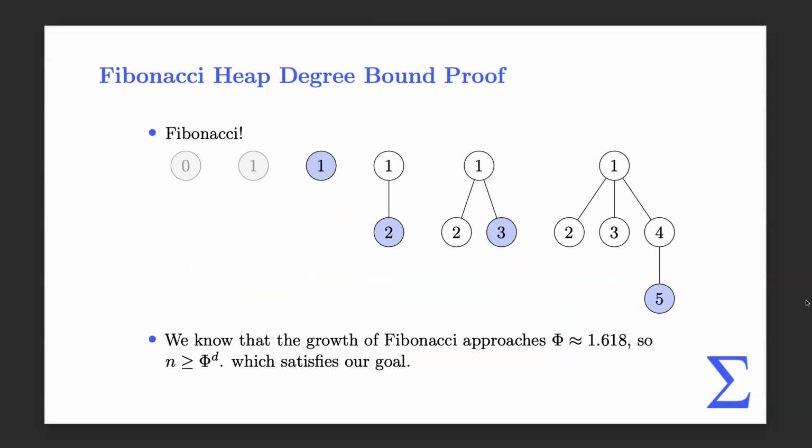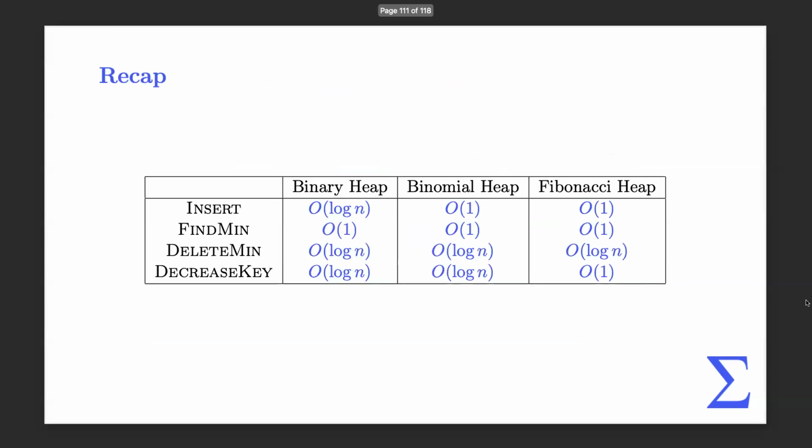And like I mentioned, the growth of Fibonacci approaches 1.6 asymptotically. So we know the number of nodes in a tree is at least the golden ratio to the D. So large trees must grow exponentially, which is what we wanted.